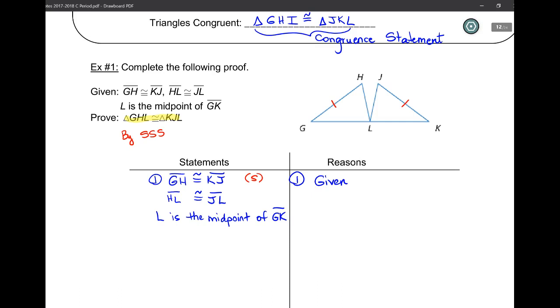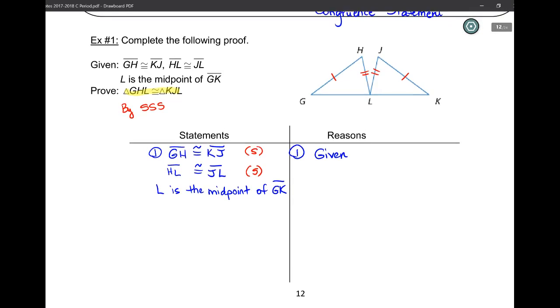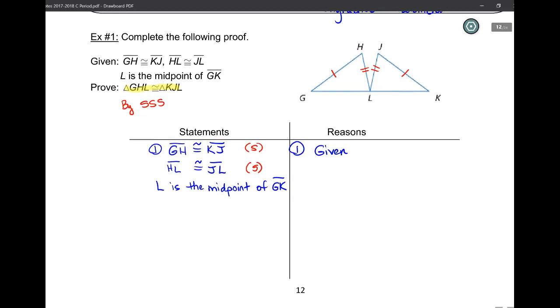So the next step is HL is congruent to JL. That's another pair of sides in our triangles. So we really just need 1 more pair of sides. We need to try to get GL congruent to LK, and then we have side, side, side. So if we look at the other part of the given statement, it says L is the midpoint of GK.